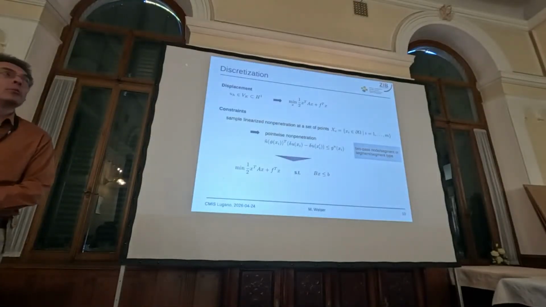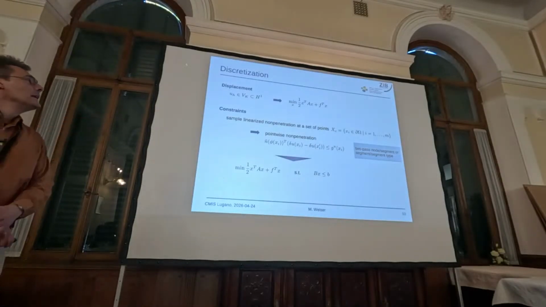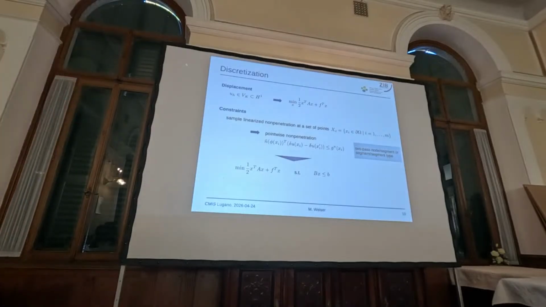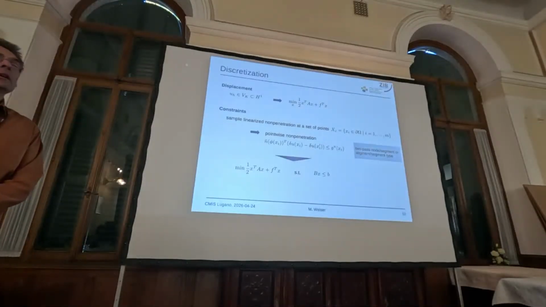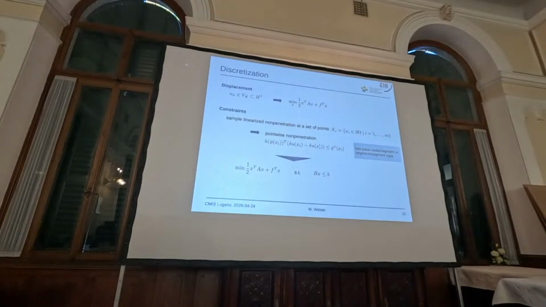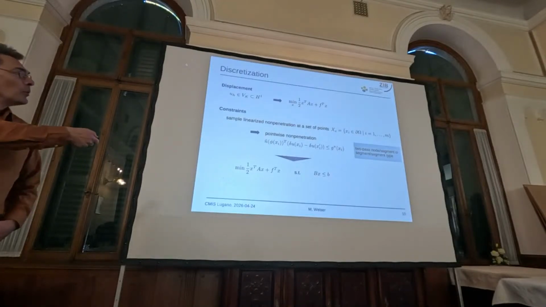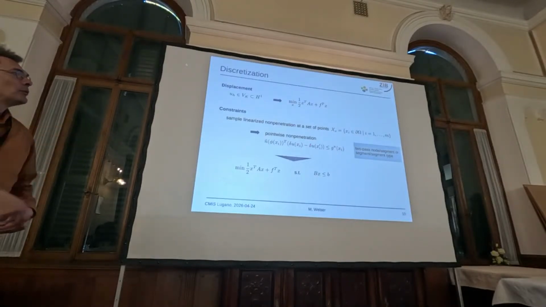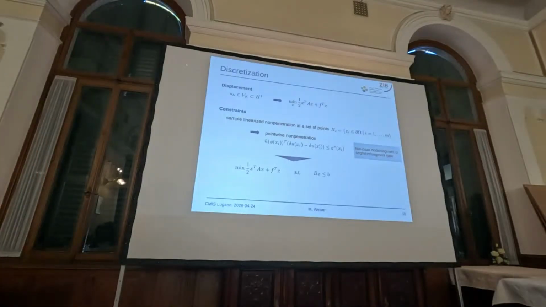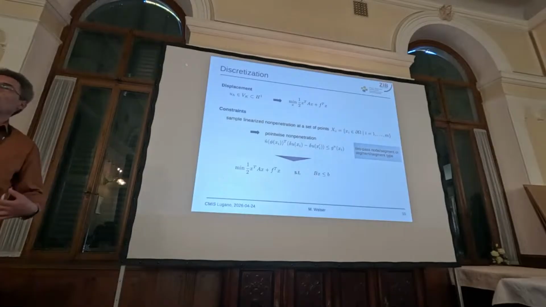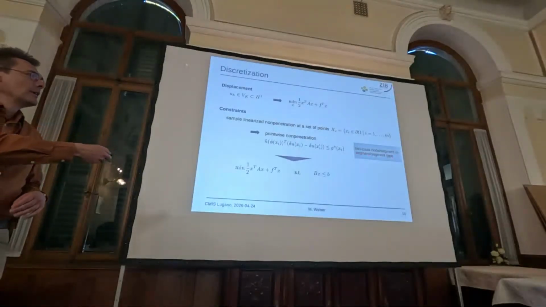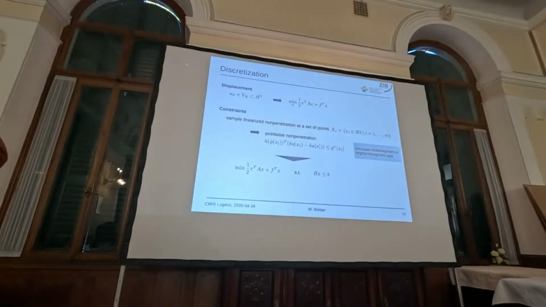Discretization is also quite standard. Of course, finite elements here yield a quadratic discretized problem. For the contact constraints, we have this pointwise non-penetration condition everywhere on the boundary. What we can do is simply select a subset of points where to consider contact. So this then falls into the class of node-to-segment or segment-to-segment methods.